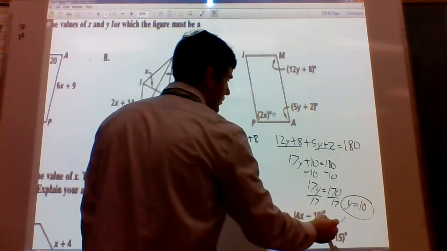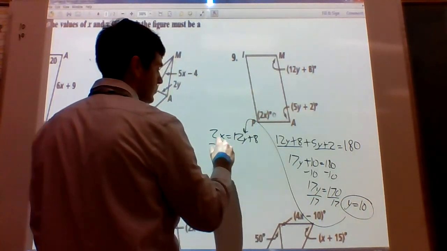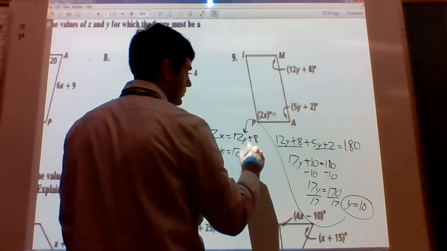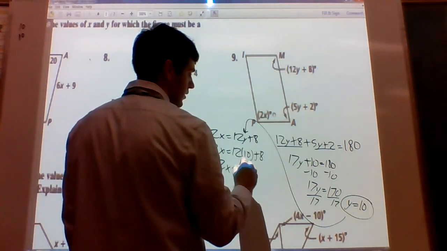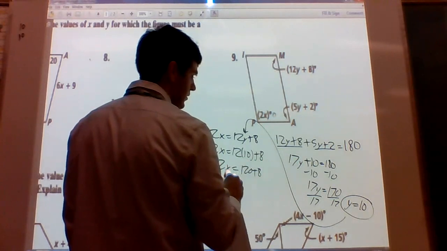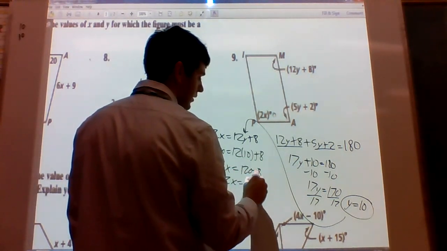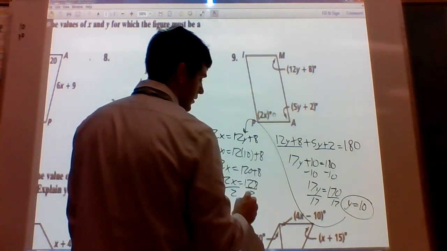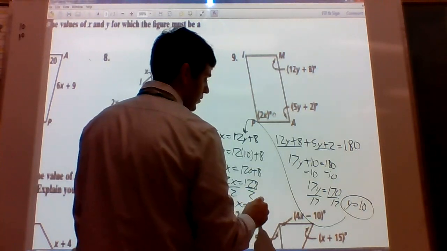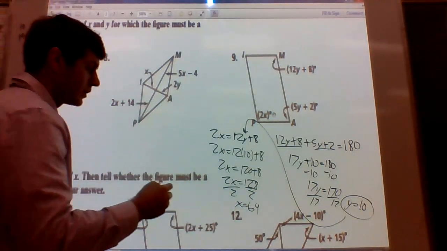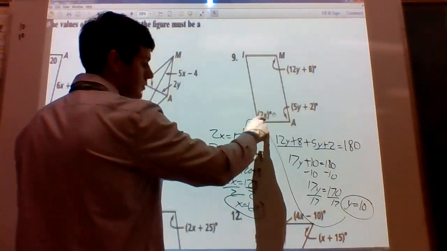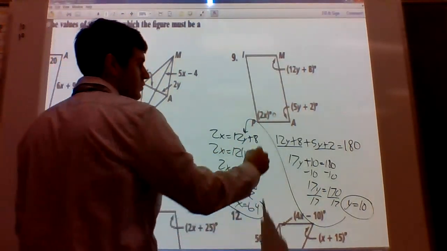We can then substitute that in for y. So 2x is going to equal 12 times 10 plus 8, which is 120 plus 8, which is 128, which is going to be x equals 64 once we divide by 2. We can substitute that back in to make sure. So 2 times 64 is 128.